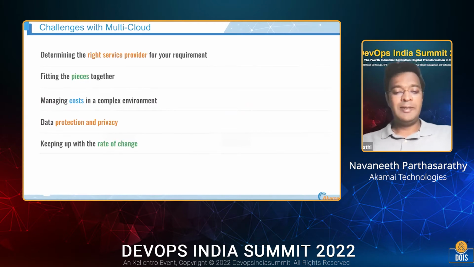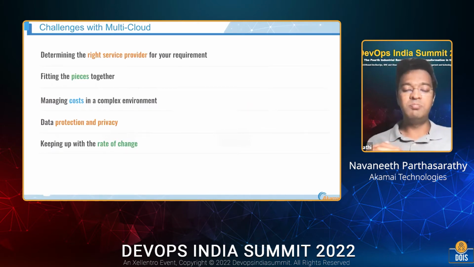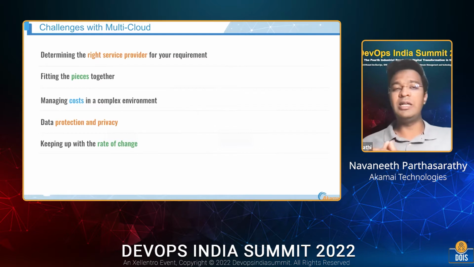While all of these sound very good in theory, the practical aspects of implementing them are far from rosy. The first and foremost thing is about figuring out who will be that set of cloud vendors that you would tend to work with. Like I just said a few slides back, each cloud vendor has their own set of competence.